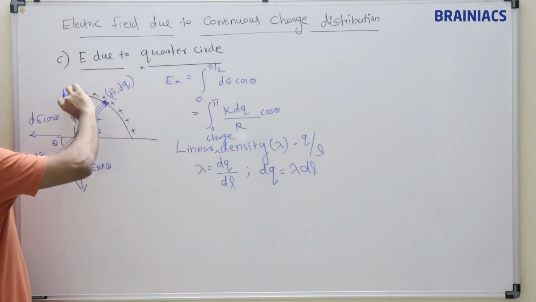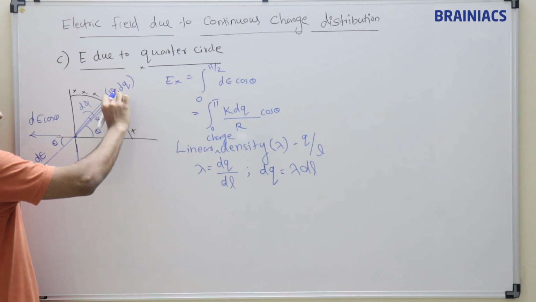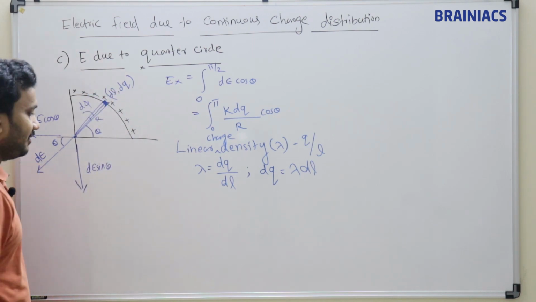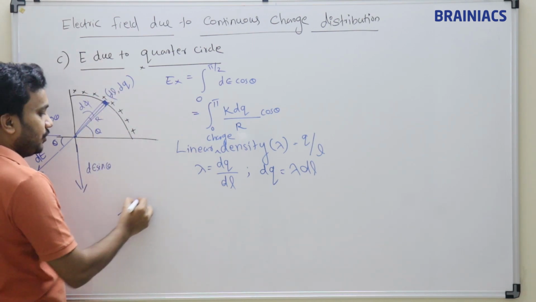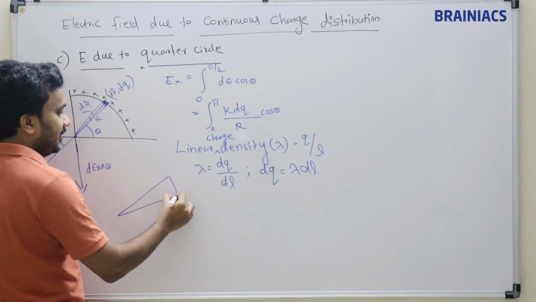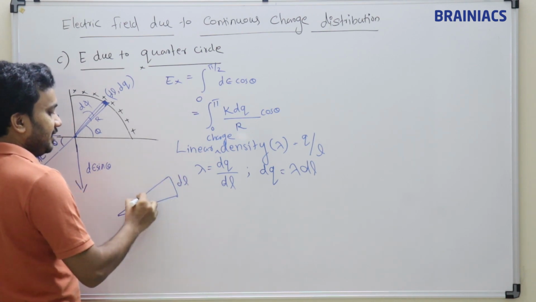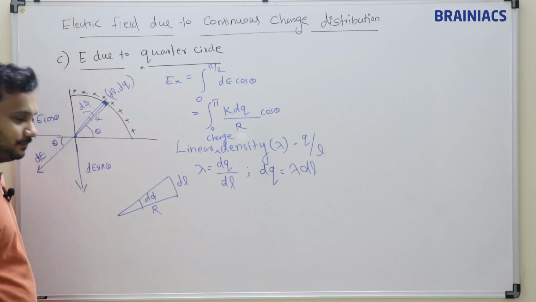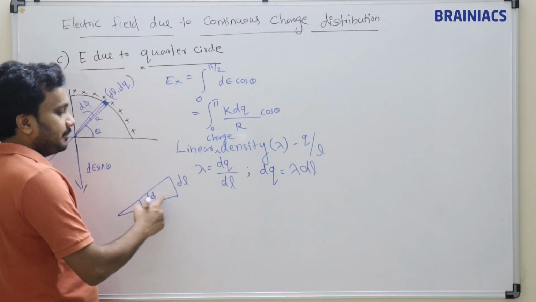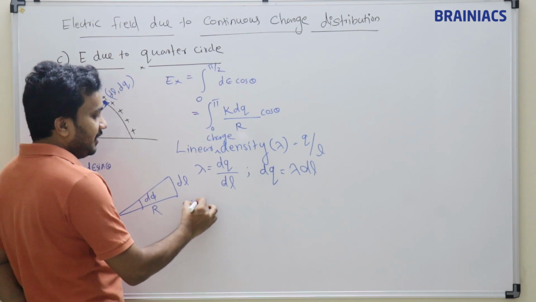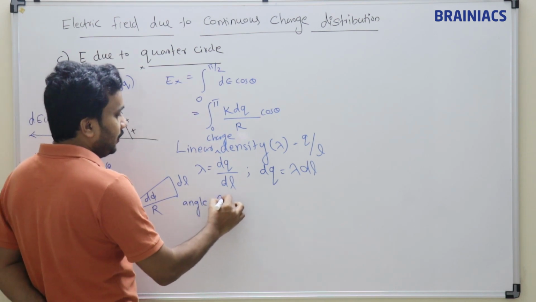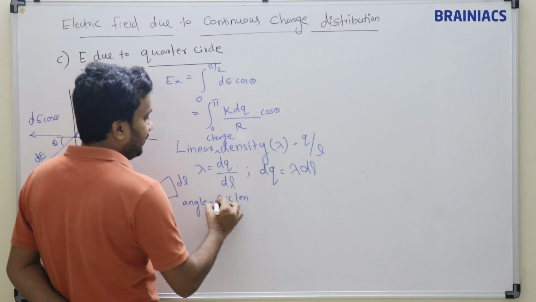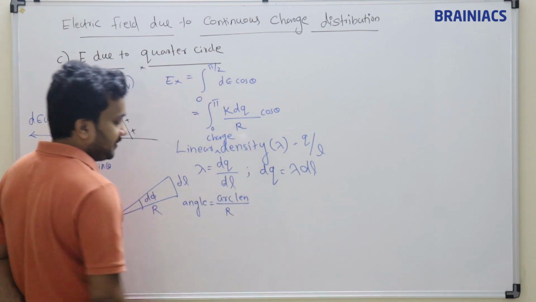For this quarter circle, dl is nothing but the arc length. If you zoom in on this area, it will look like this: this is dl, this is d phi, and this is the radius. We know the basic mathematical principle: angle equals arc length divided by radius.